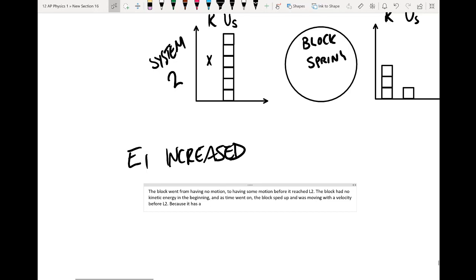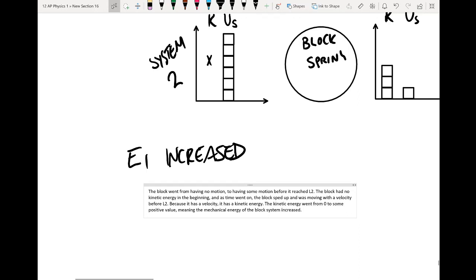Because it has a velocity, it has a kinetic energy. So the kinetic energy went from 0 to some positive value, meaning the mechanical energy of the block system increased.